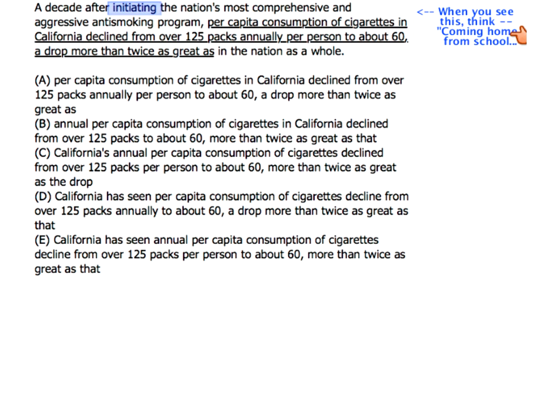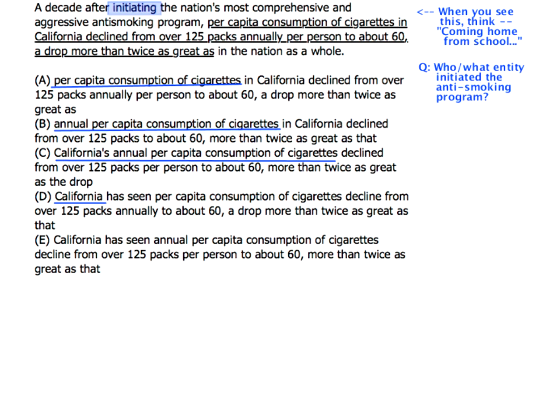Yeah, right, the state of California. You basically have options here to pick from. The question in your mind should be, who or what entity initiated the anti-smoking program. Your choices for that basically are the per capita consumption of cigarettes, California's annual per capita consumption of cigarettes, or the state of California.